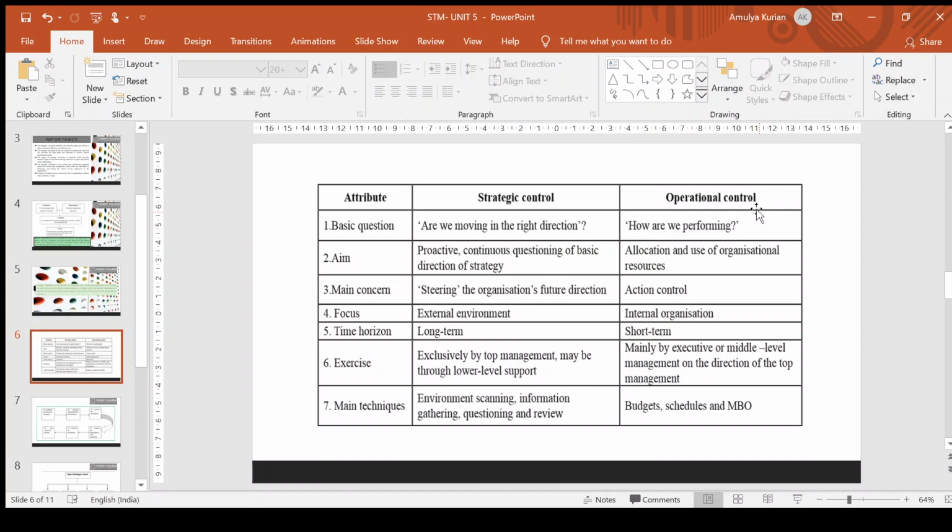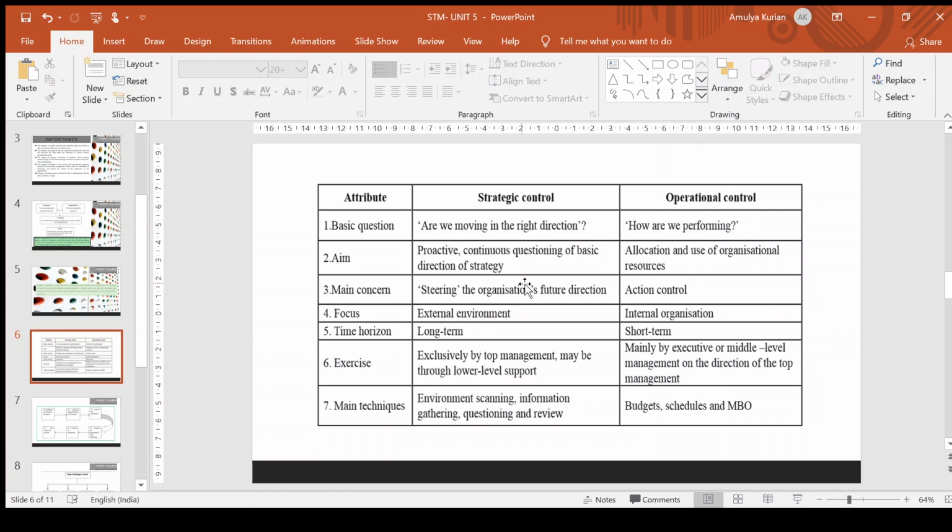In operational control, the allocation and use of organizational resources is what we control. The main concern is future directed in strategic control, while action control is the main concern of operational control.